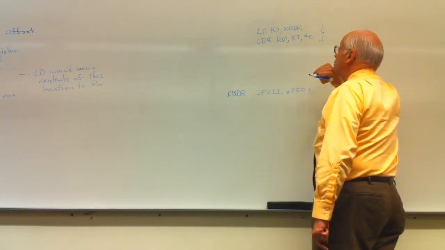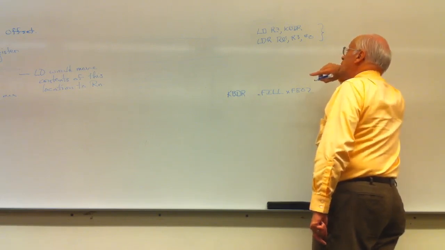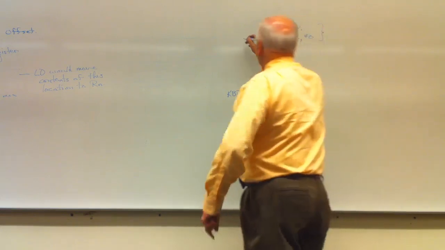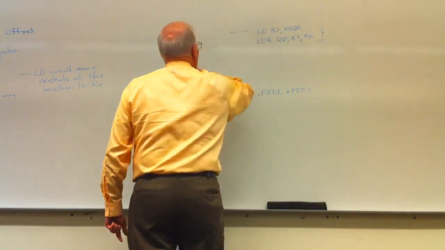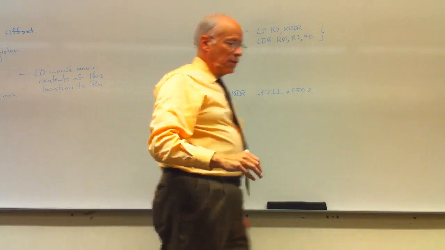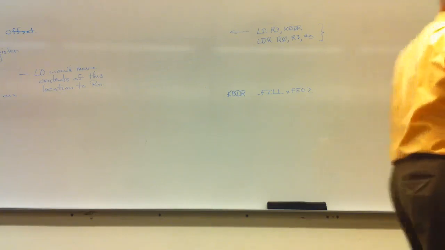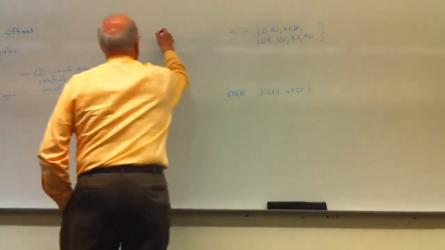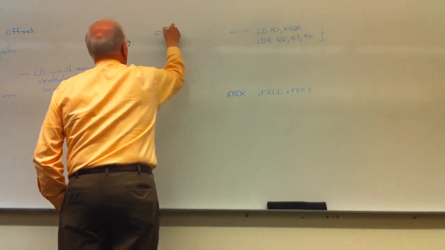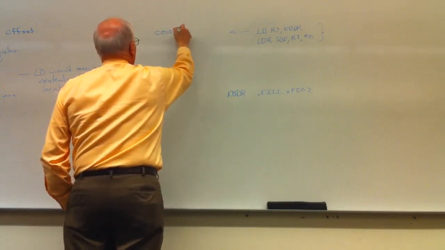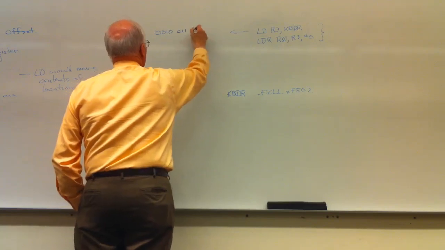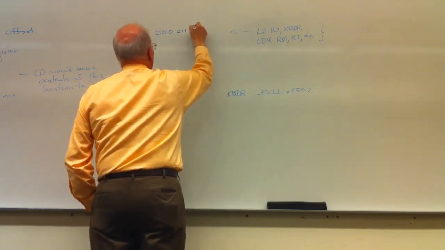Now, let's see, to illustrate how this thing works. Without knowing, well, I'll make up some numbers for the address. This is 0010, and then register 3, and then I've got an offset.